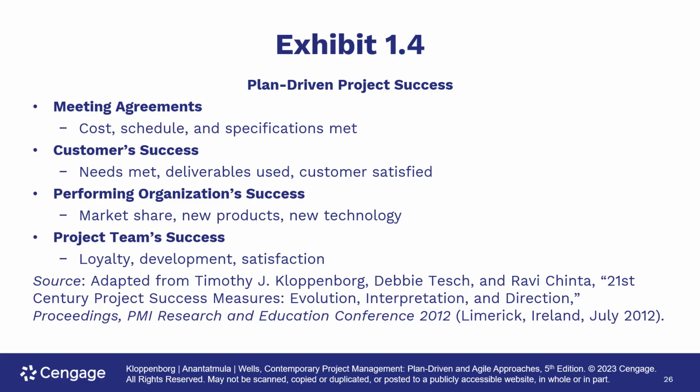Plan-driven project success. When we talk about plan-driven project success, these are some of the things that can help determine whether your project plan is going to be successful. So meeting agreements, dealing with costs, schedule, and specifications met; customer success, needs met, deliverables used, customers satisfied; organization success, market share, new products, new technology.